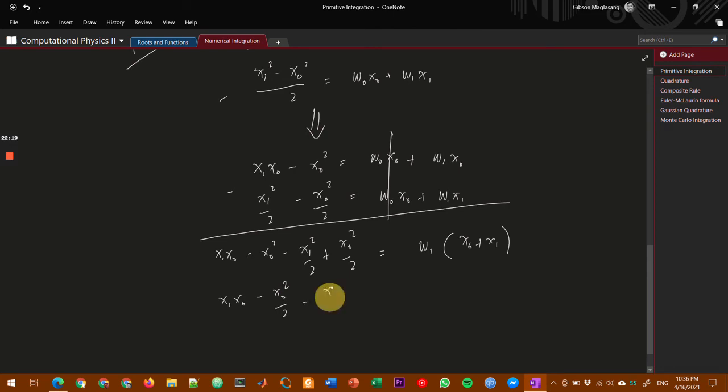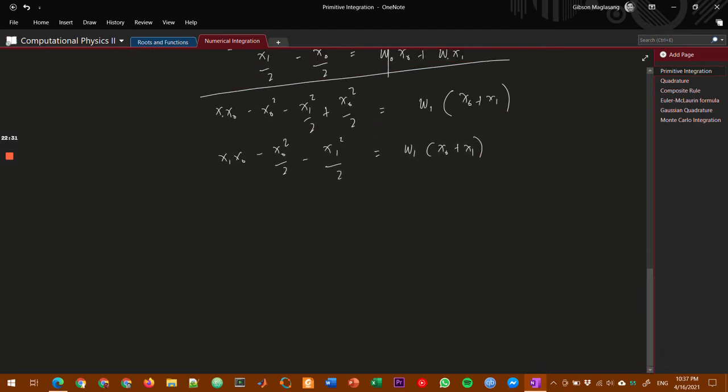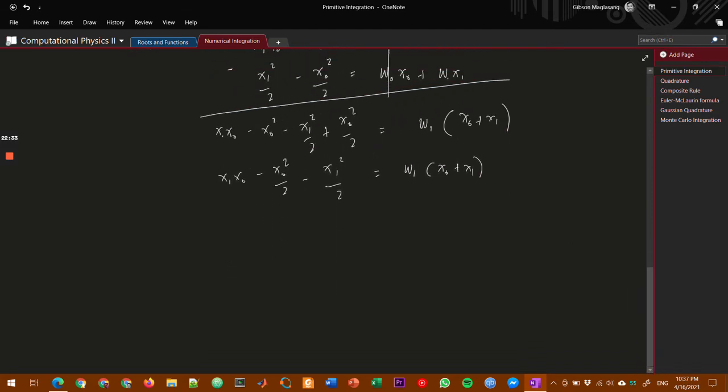Then we are left with x1 squared over 2 equals w1 times x naught plus x1. So we have this.